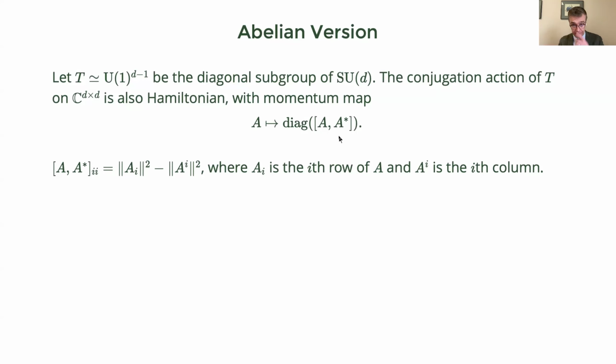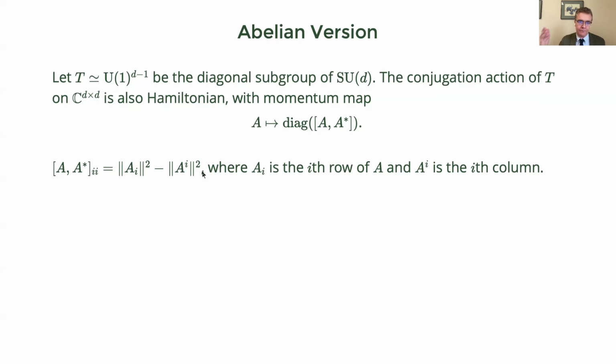So you take the diagonal of the bracket. And so what do the diagonal elements look like? Well, if you work it out, you'll see the ith diagonal element is exactly the squared norm of the ith row minus the squared norm of the ith column. So that's what the diagonal elements look like.